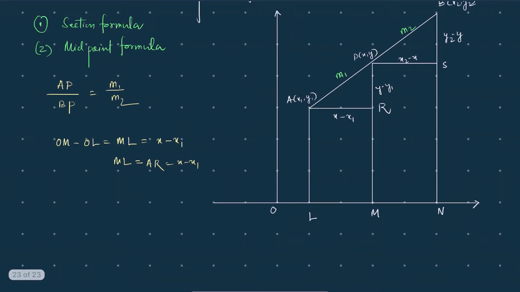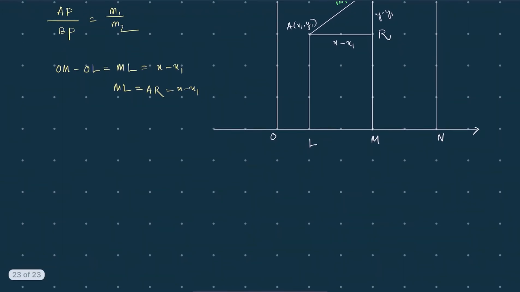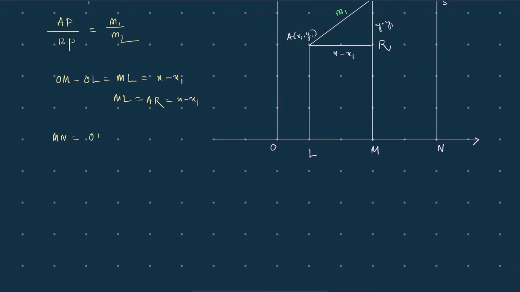Similarly we can find PS. PS is nothing but MN. To find PS, we subtract ON minus OM, then we find MN. MN is equal to ON minus OM.